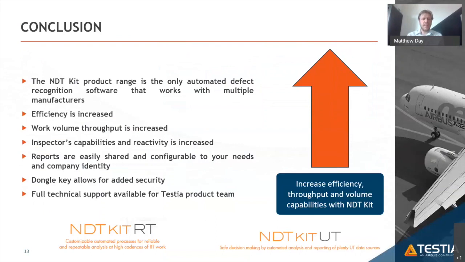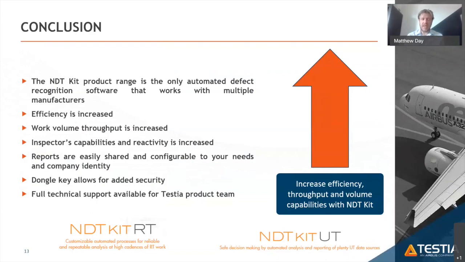To conclude, the NDTkit product range is the only automated defect recognition software that works with multiple manufacturers. Efficiency is increased, work volume throughput is increased, inspectors' capabilities and reactivity is increased. Taking away a fully qualified inspector from repetitive work allows them to put their skills and expertise to more detailed and refined work.